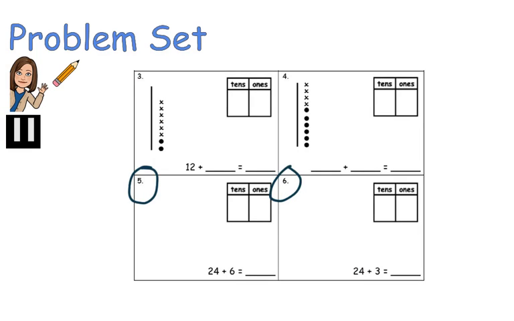Number 3 and 4 are very similar to how we just did. The only thing I want to show you is that for one group, they use the 10 stick and the circles, and then the second group, so the second part, they use the X's, okay? So the first number is the circles, and then the second number is the X's, on both of them.